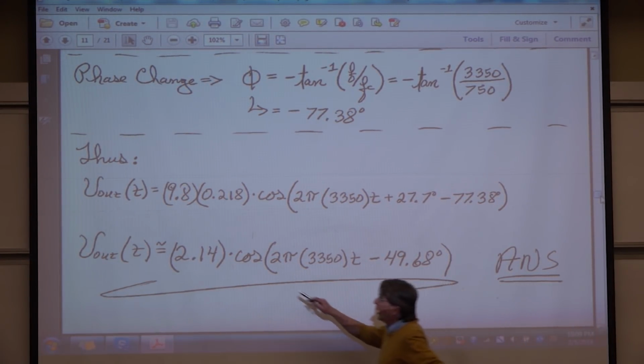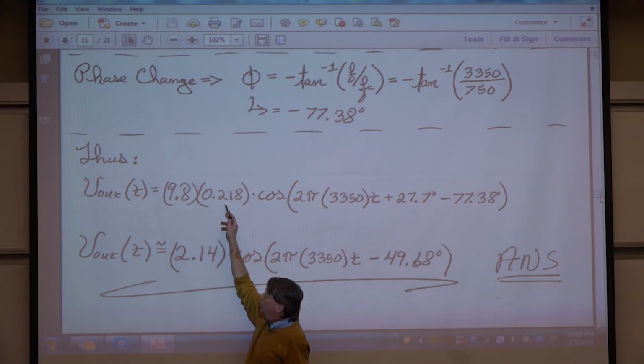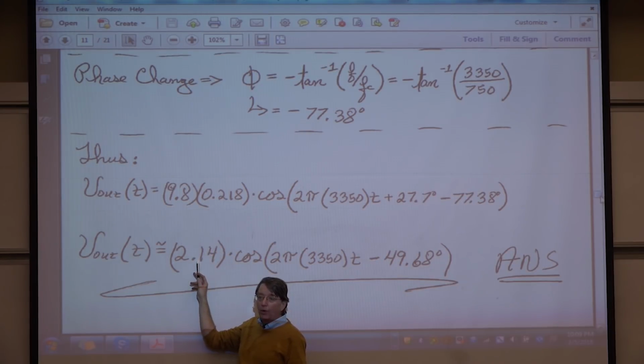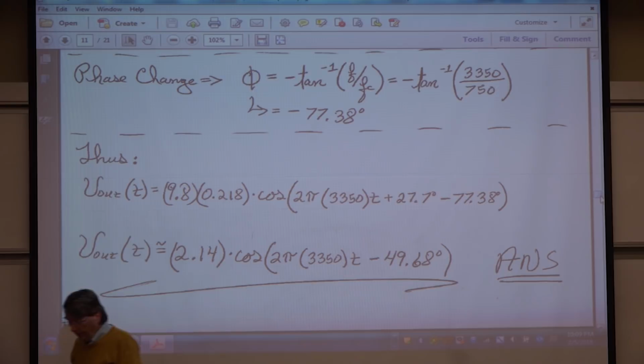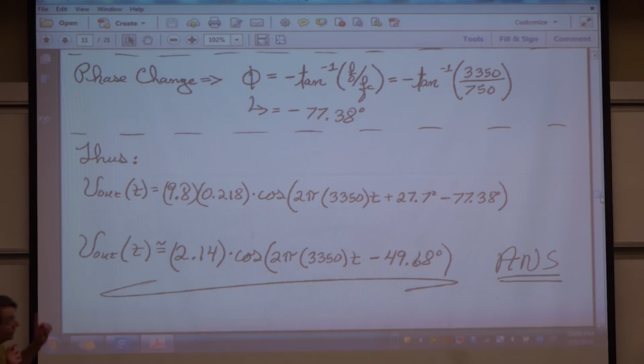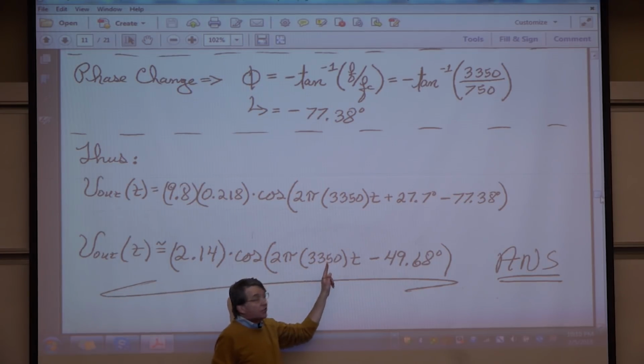The input was 9.8 volts, but the gain is 0.218. That means the output is around 2.14 volts, less than what we put in, which is what we expected because the frequency is well above the corner frequency. We then have cosine 2 pi. Notice the F, just to emphasize this, the F stays the same.